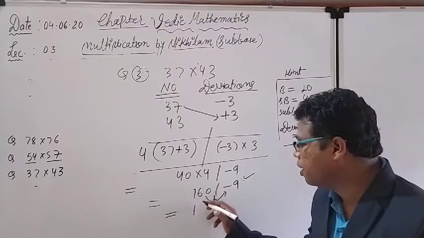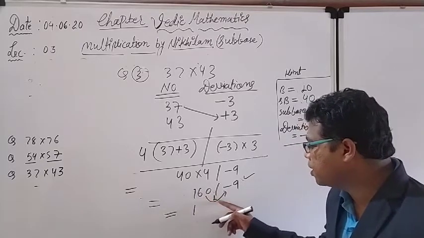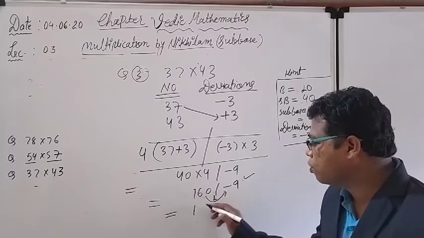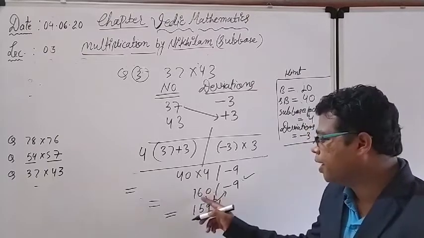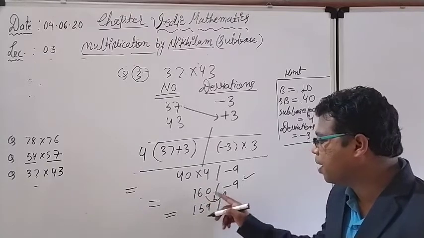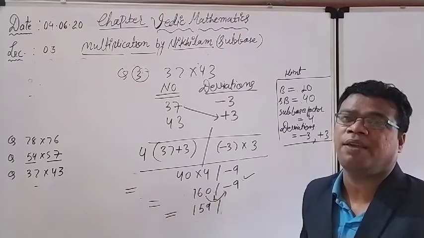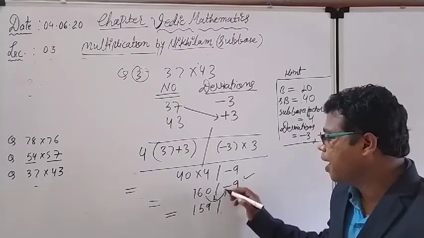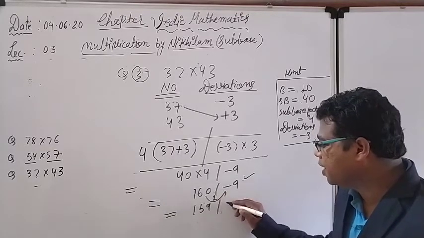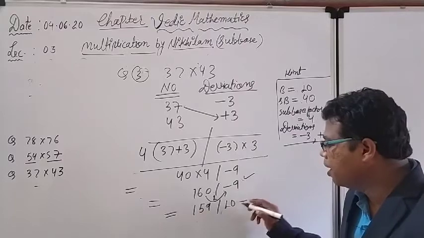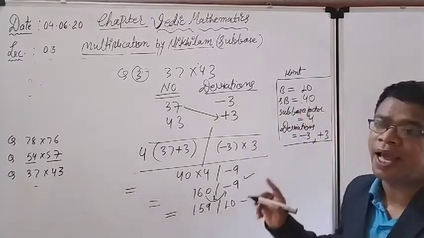So what will be there? 160 and 1 is given here. So what will remain here? 159. Already it is 160 and 1 is given by the 160, so it is decreased by one number. So 159. And whatever borrow is given in form of 1, it will be considered here as a 10. Why? Because we have selected the base 10.